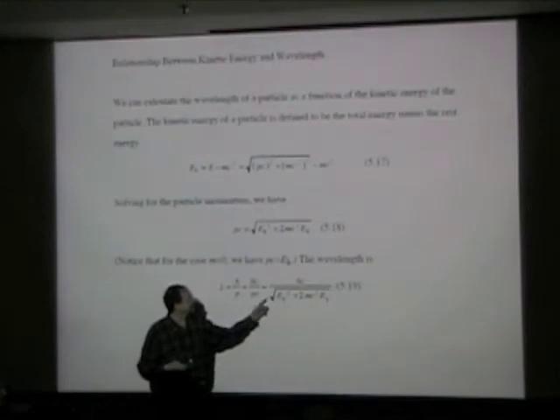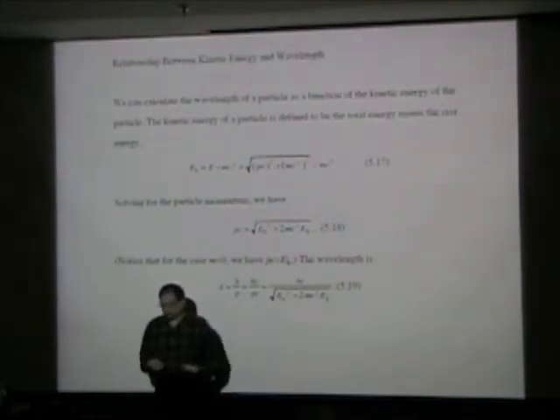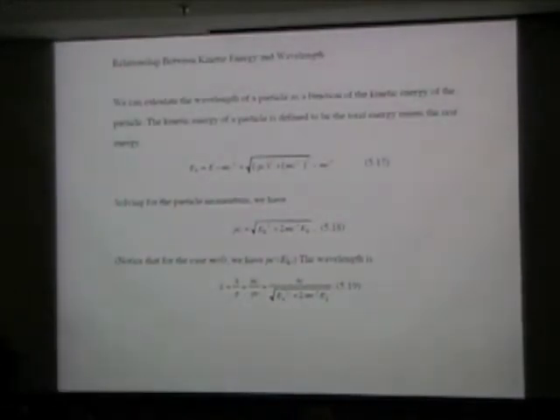And here on the bottom, this product equals, well, again, a very simple combination. And if you look at this, you can see the faster the particle is moving, the larger its kinetic energy, the smaller its wavelength.